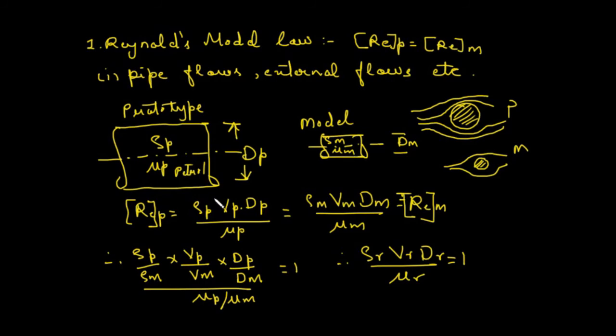So in this case, the ratio of inertia to the viscous force is equal to the Reynolds number, and we are matching the same ratio of inertia to viscous force.